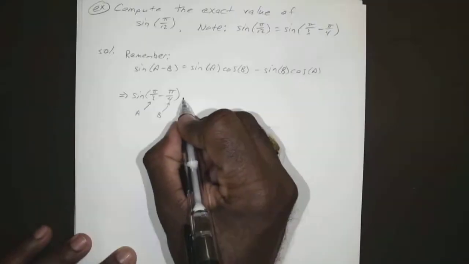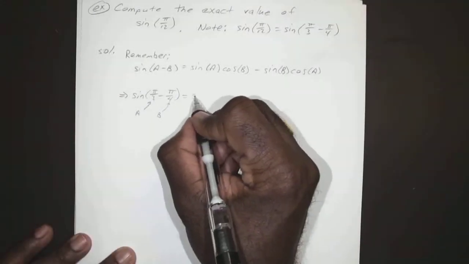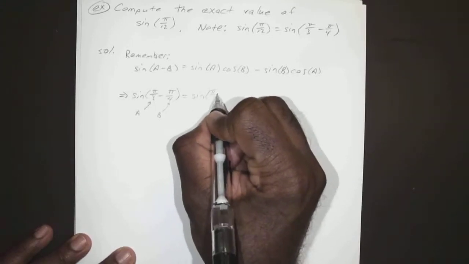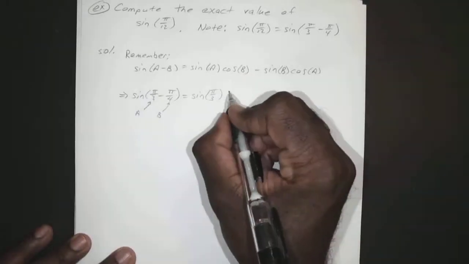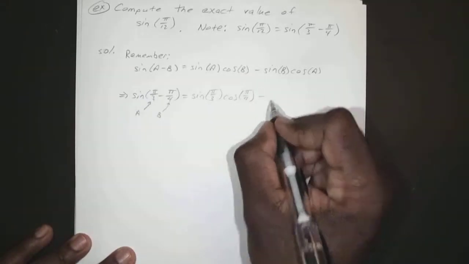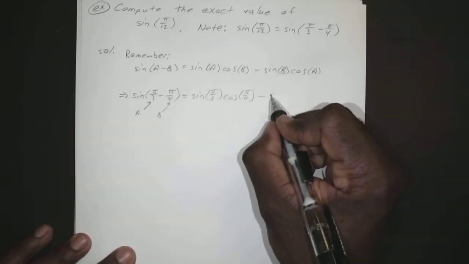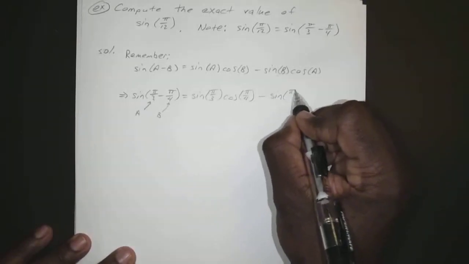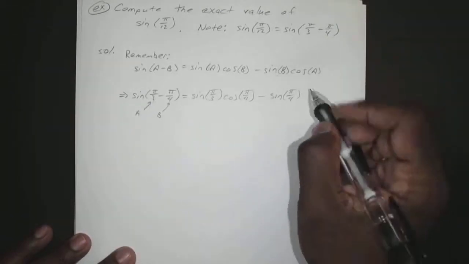Okay. So this is going to equal sine of a, so sine of pi over 3, times cosine of b, so cosine of pi over 4, minus sine of b, which is sine of pi over 4, times cosine of a, which is cosine of pi over 3.